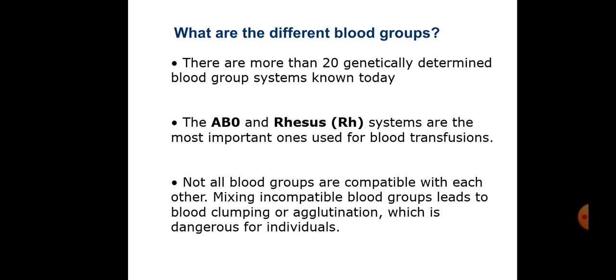Basically, there are two main types of blood grouping system: the ABO and the rhesus factor. The ABO system is what gives us the blood group A, a person with blood group AB, a person with blood group O. The compatibility of these blood groups is what determines a universal donor, a universal recipient, and who can donate to who this particular blood.